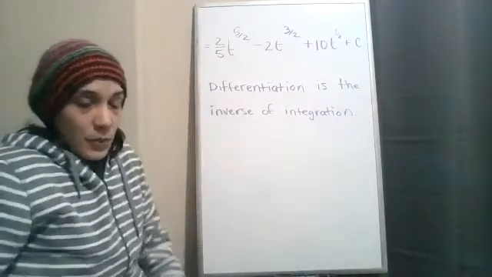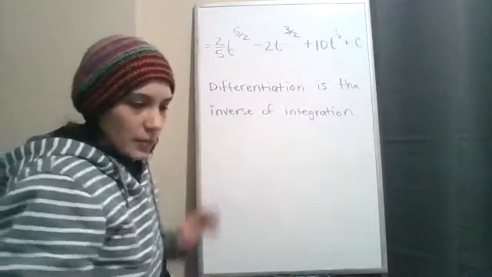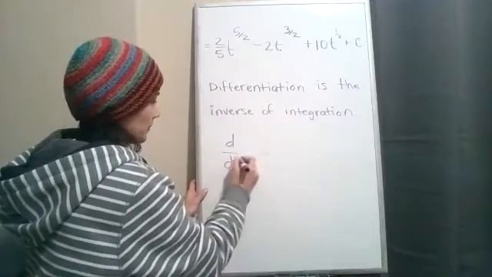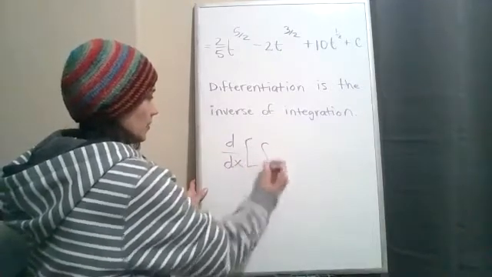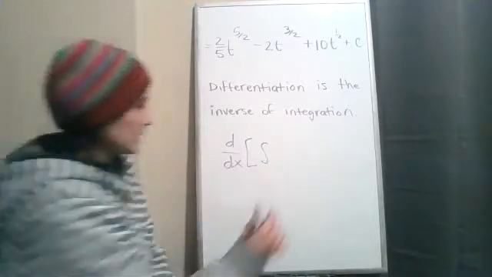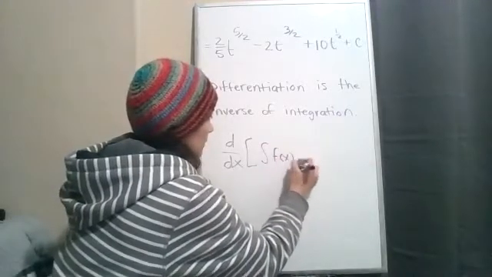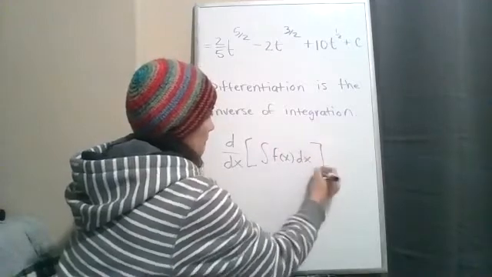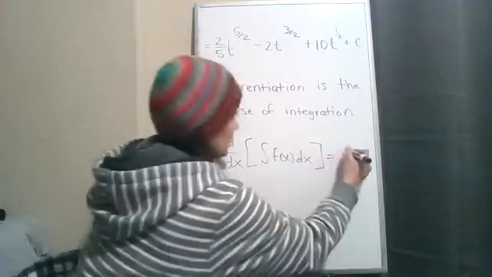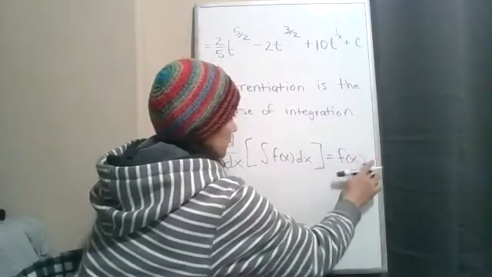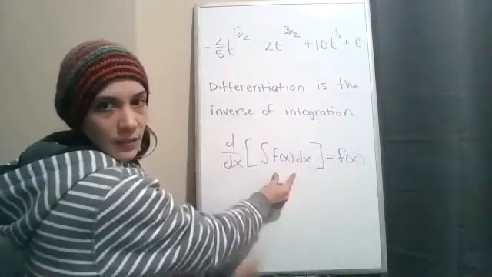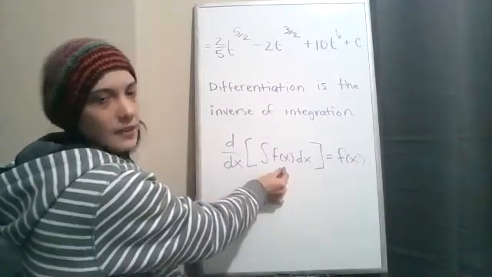And the symbols look like this. I've got the derivative with respect to x of the integral of f of x dx is equal to f of x. So the derivative along with the integral leaves the function f of x.